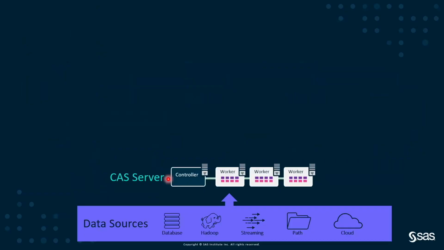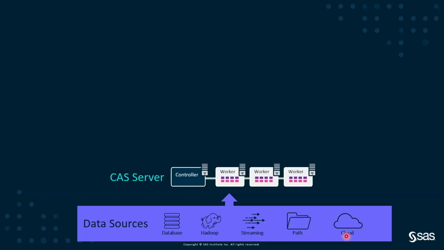As I was saying earlier, it could be a database, Hadoop, or even streaming data. We call that event streaming data, or for simplicity, let's call it IoT data, where the data, within fractions of seconds, gets updated or changes. Typically that happens in IoT applications. You could also connect to a path with a set of files, or the data could itself be on the cloud.